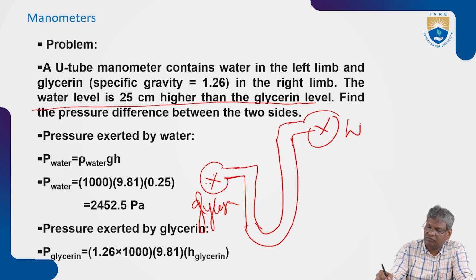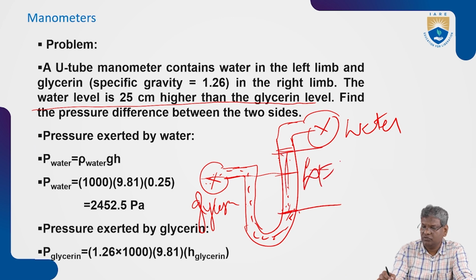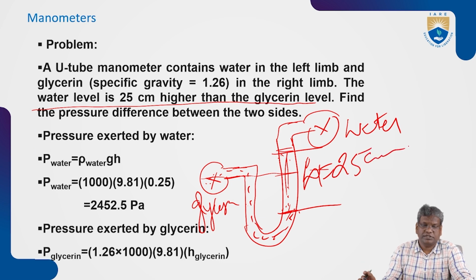This may be taken as water. This is glycerin. So the difference of heights, right? Water height may be higher than the glycerin height somewhere here. So the difference of heights between glycerin and water is h equal to 25 centimeters.